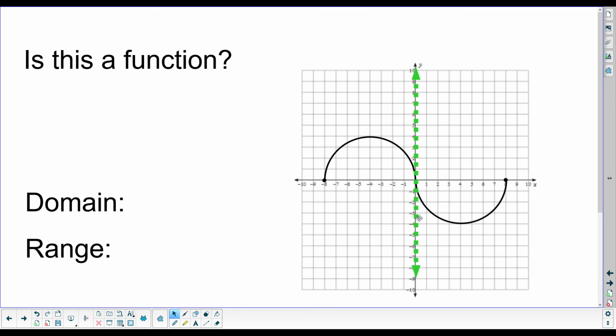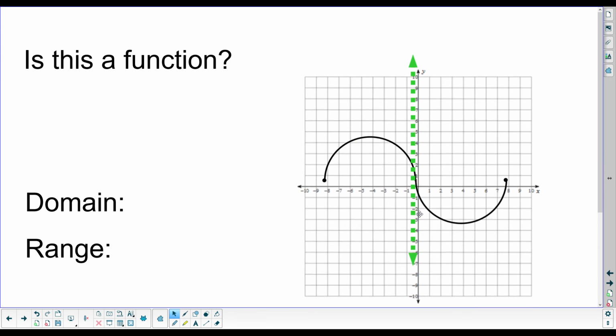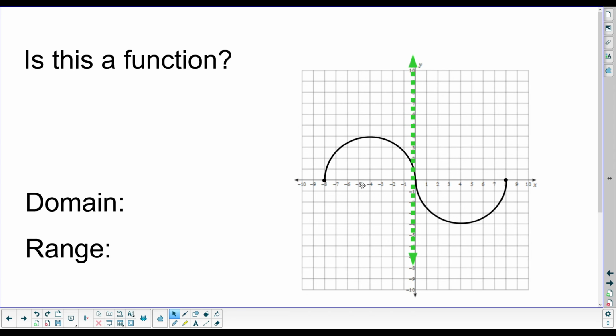There may be a question right here. It looks like maybe those points are close to being vertical. But I can tell those are arcs, like half circles. So this is what's called a tangent point.